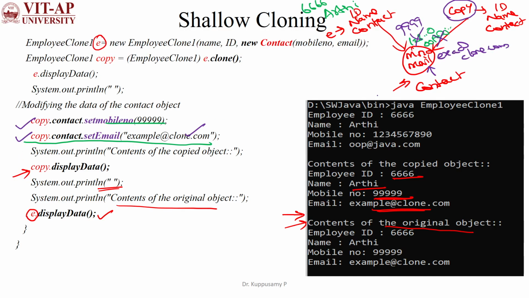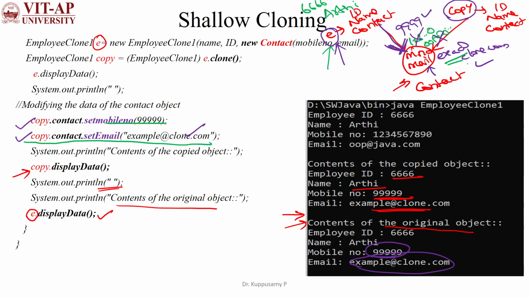But when you access the object e, you see it is also referencing the same object. So the updated values are reflected into the original object e. That's what you see, the five 9s and example@clone.com are also reflected in the original object.